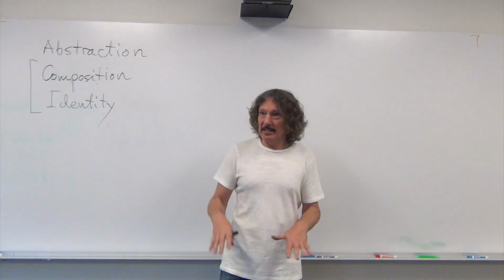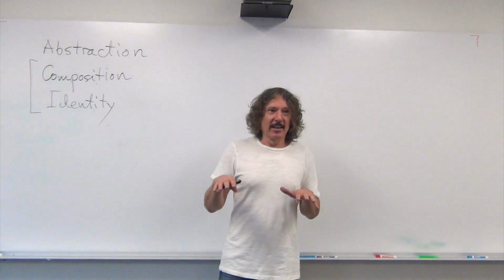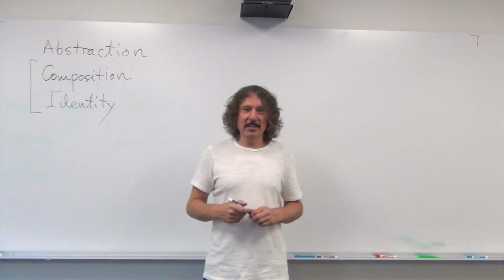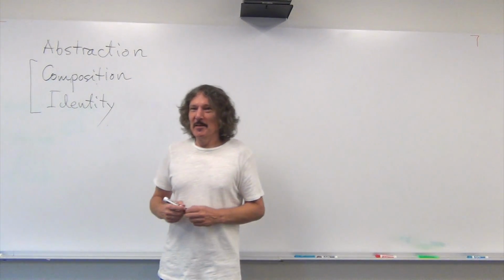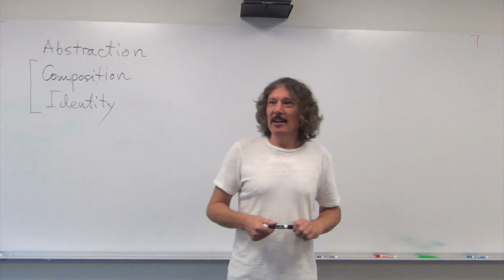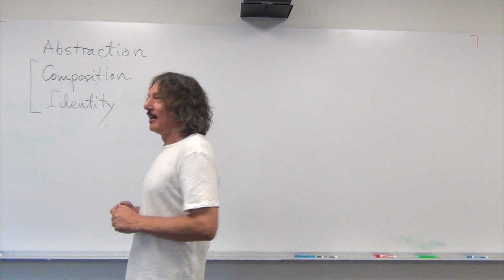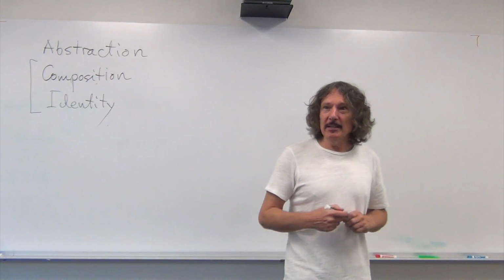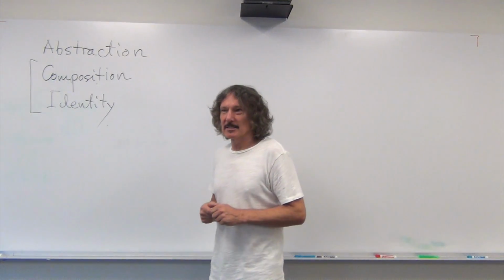Definition of category. Okay? And I wish I could define what a category is very precisely, but I can't. Okay? So I will be using terms like a bunch. Okay? A category is a bunch of objects.